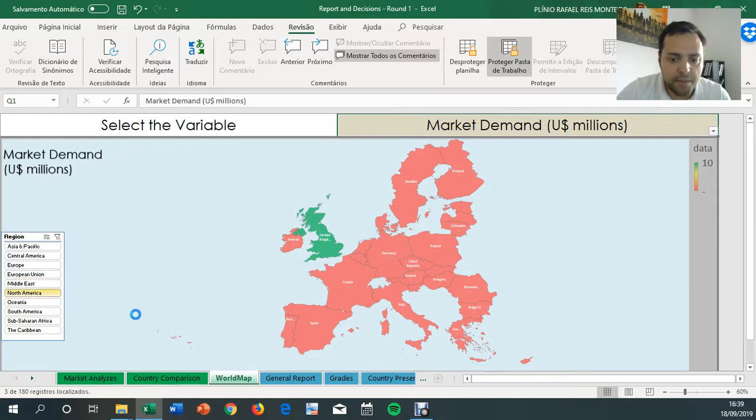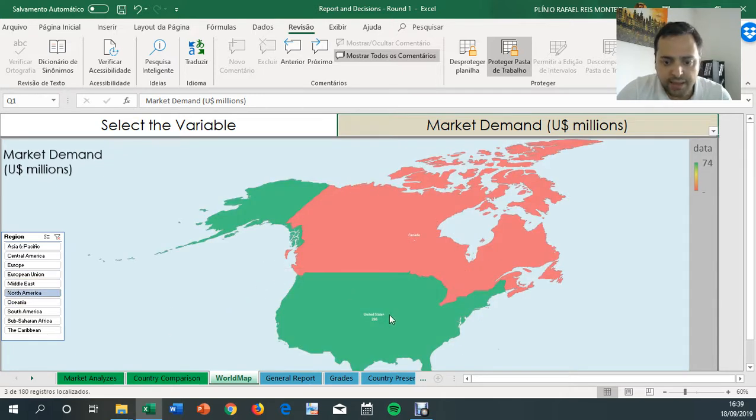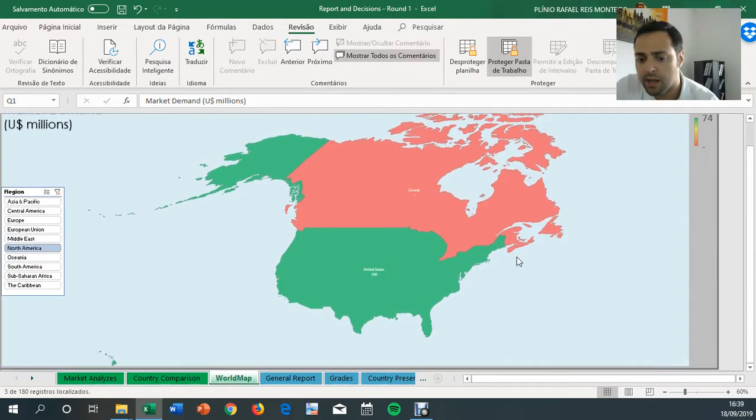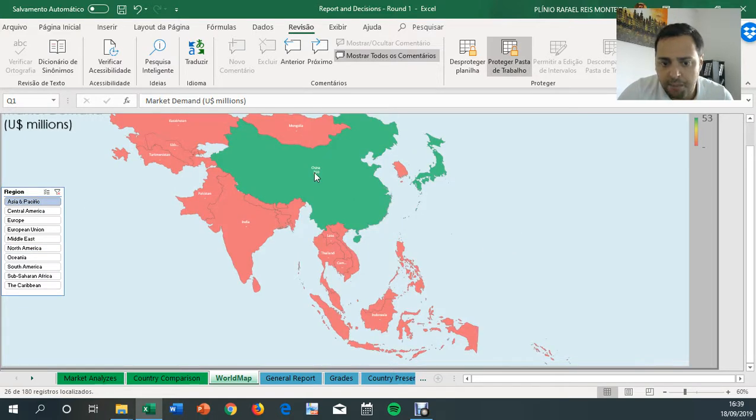In North America, we can see now that the revenues of all companies summed equals $296 million. And for instance, in China, people are spending $210 million, and in Japan, $57 million.